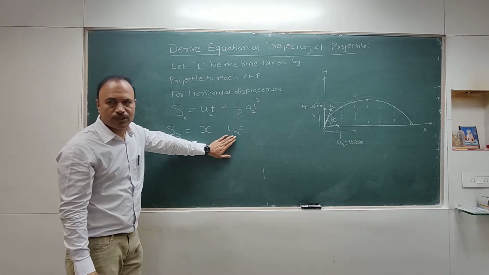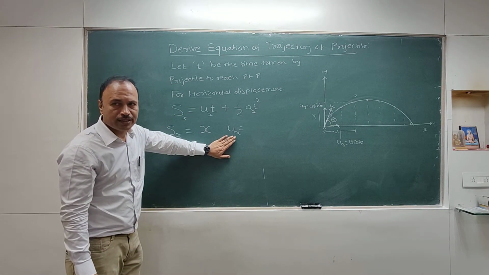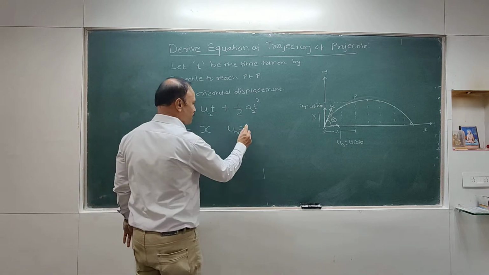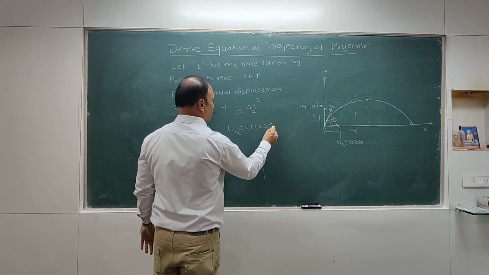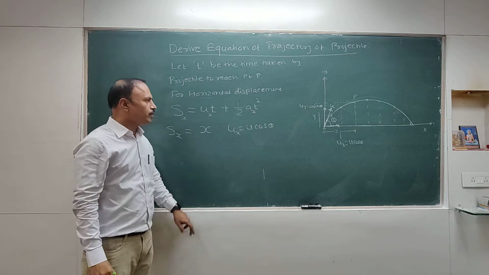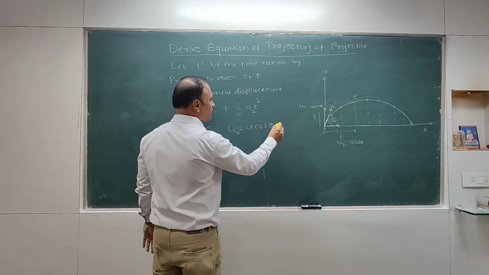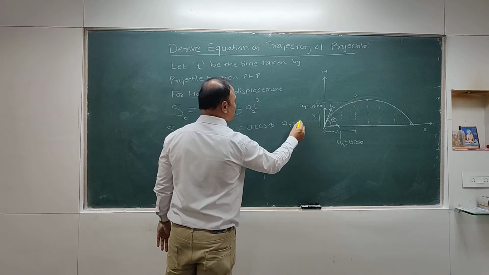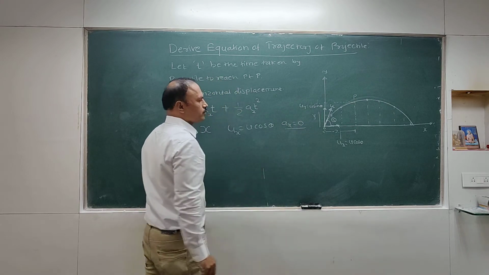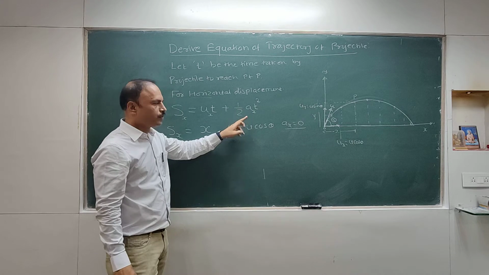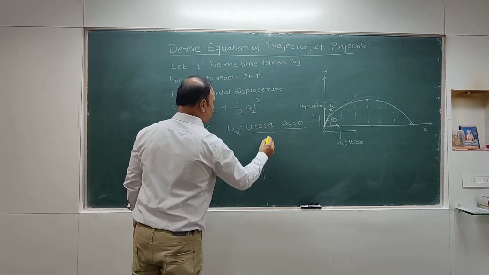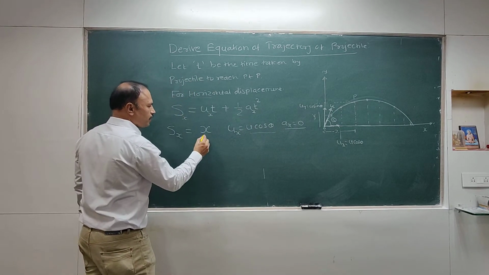So I am going to substitute ux. What about ax? 0. As horizontally there is no acceleration, ax is 0.